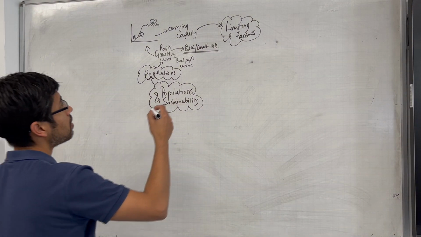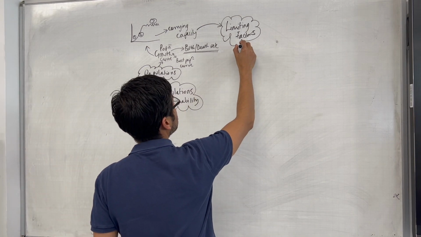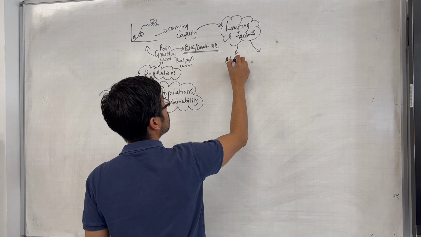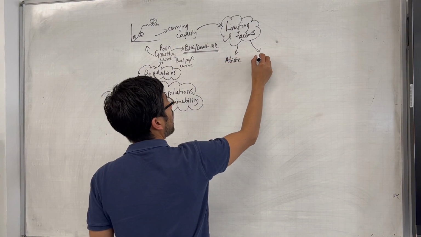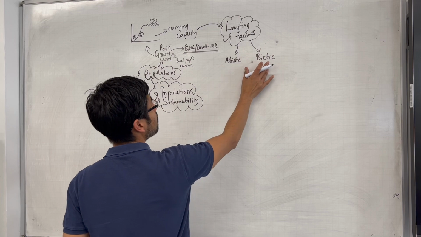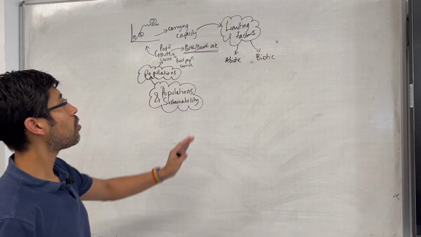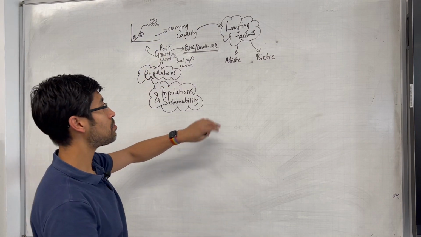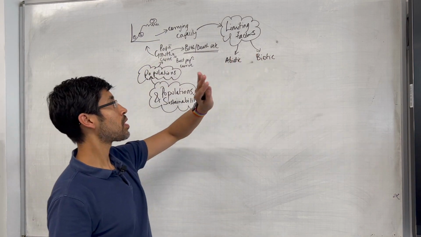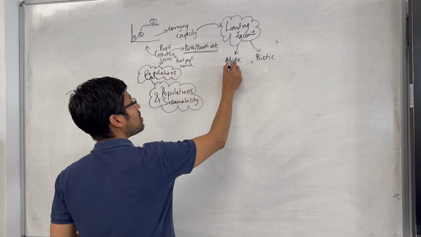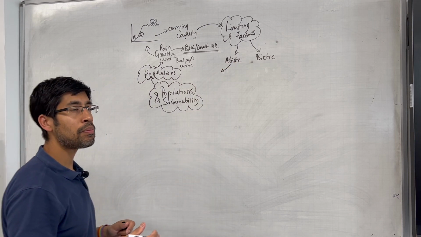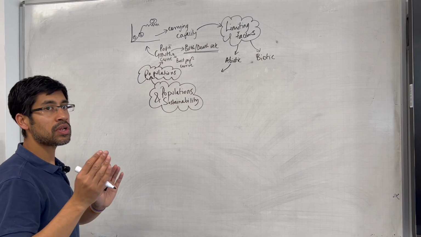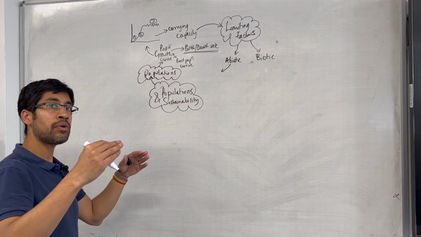Okay, so the way I've divided this up is into abiotic and biotic. Okay, so we've got abiotic and biotic factors. All right, so of all the factors that affect the population size, we can categorize them as abiotic and biotic. Now abiotic, these usually affect plants, but remember that plants are the producers for entire ecosystems.